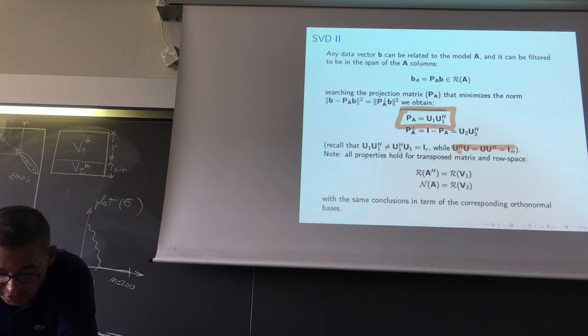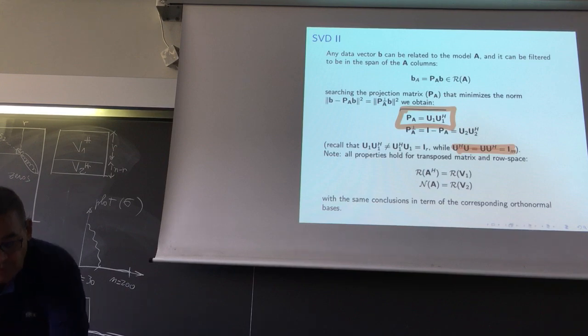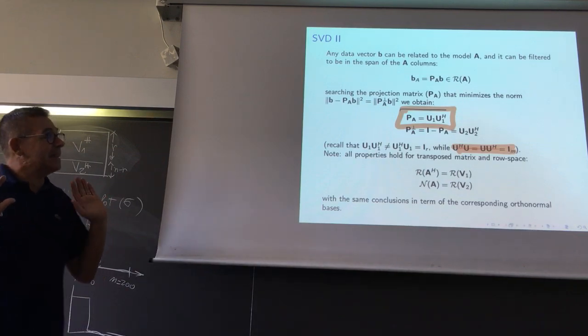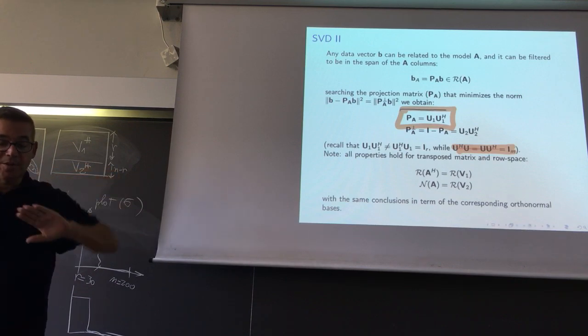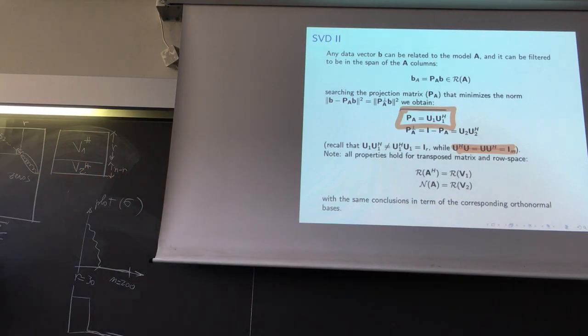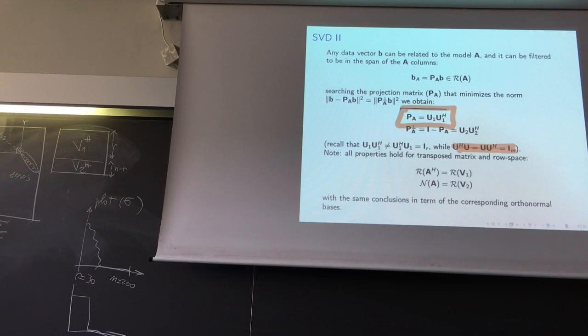If I take all the columns, this property holds, which means the matrix U is orthonormal itself, because the matrix U contains n columns, and these n columns describe the space. So I can use the orthonormal property.